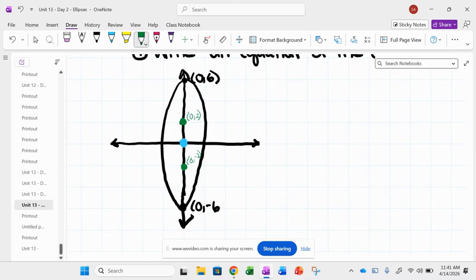Okay, so the two vertices I have labeled are the points 0, 6 and 0, -6. The center is 0, 0. And the two focal points are 0, 2 and 0, -2.